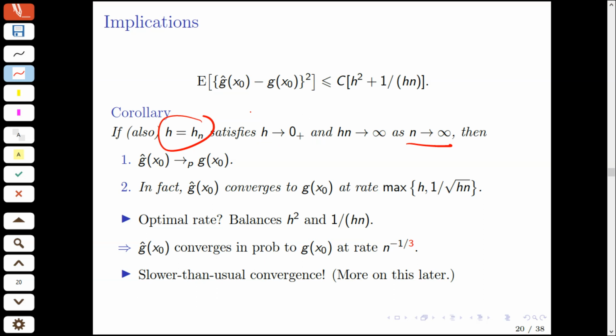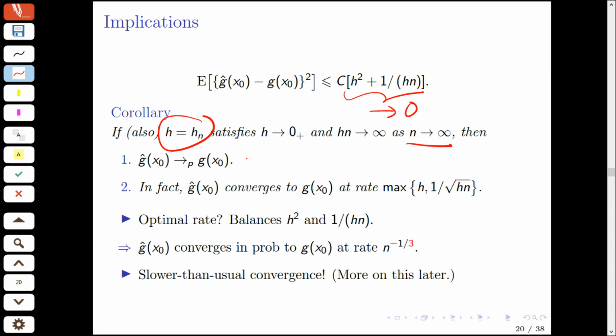But it goes towards 0 at a slow enough rate such that the effective sample size, the product of h and n, grows without bound. If our sequence of bandwidths is chosen in such a way, then one may show that the right-hand side in our mean squared error bound goes to 0, and as a result, our kernel estimator at the point x0 is consistent for the conditional mean g at the point x0.